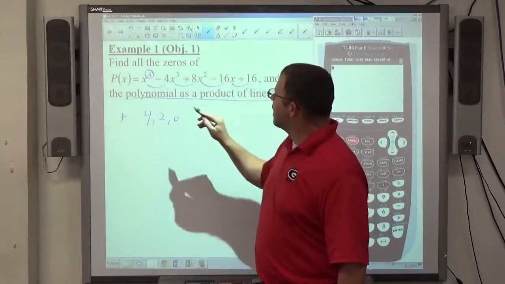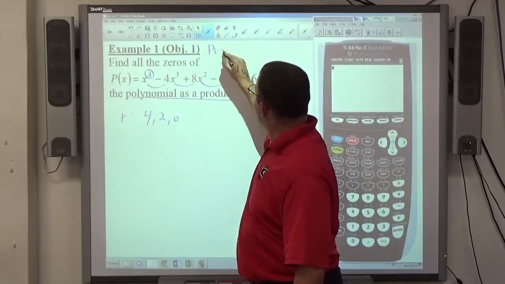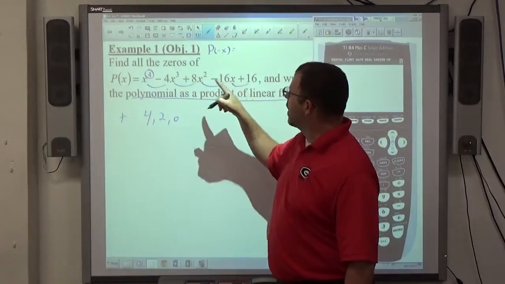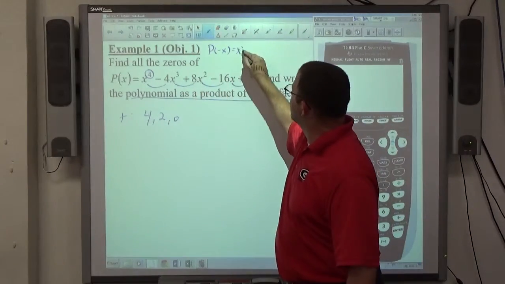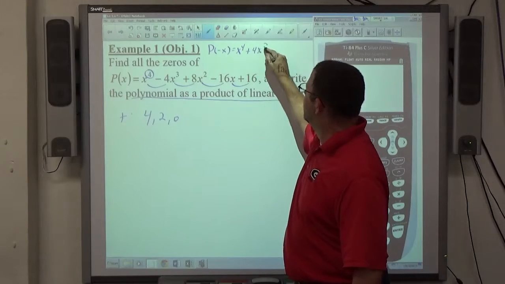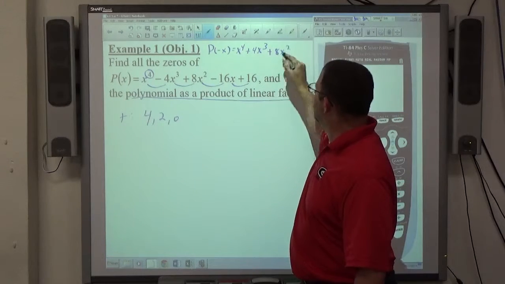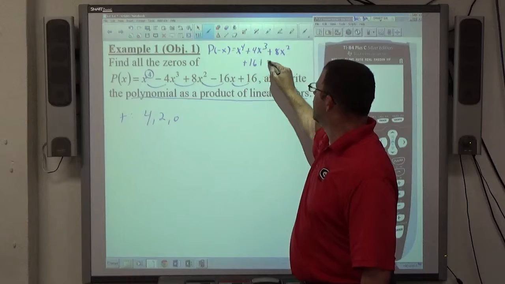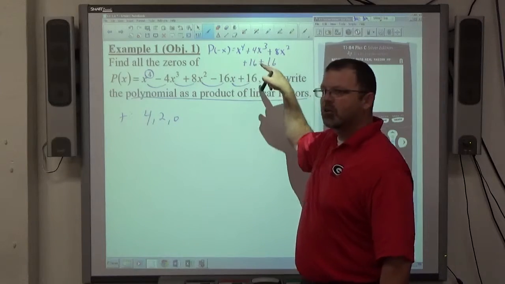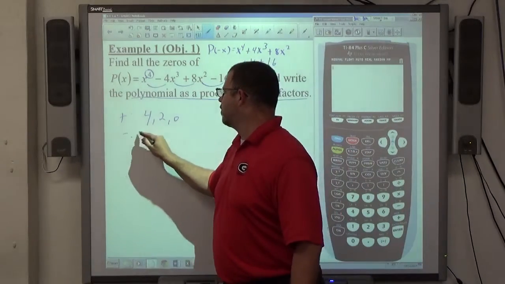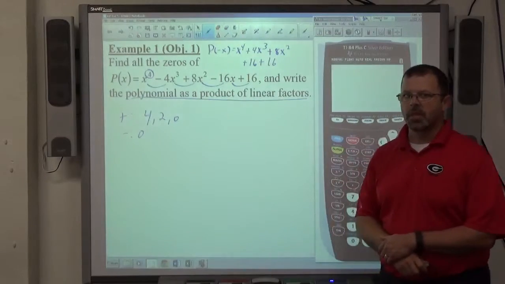If you look at p of negative x, only the odd powered signs change, so x to the 4 stays positive, 4x cubed changes to positive, 8x squared stays positive, 16x changes to positive, 16 stays positive. We can see there's no sign changes there, so there are 0 negative solutions.